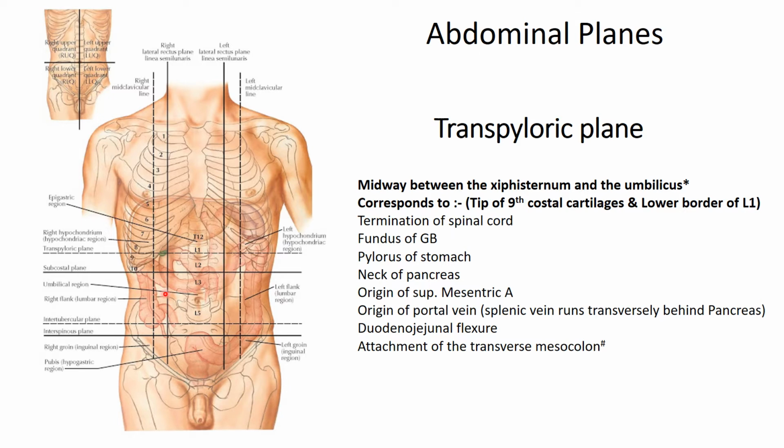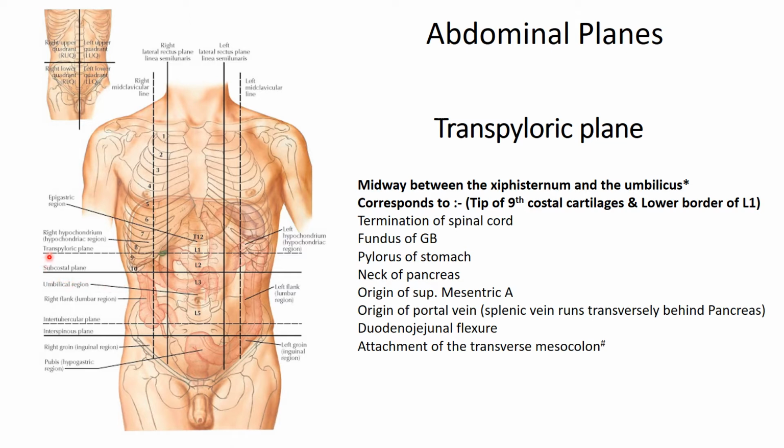Now the duodenojejunal flexure is lying here, and also the attachment of the transverse mesocolon is here. And because of this attachment of the transverse mesocolon, the abdominal cavity is divisible into supracolic compartment and infracolic compartment.